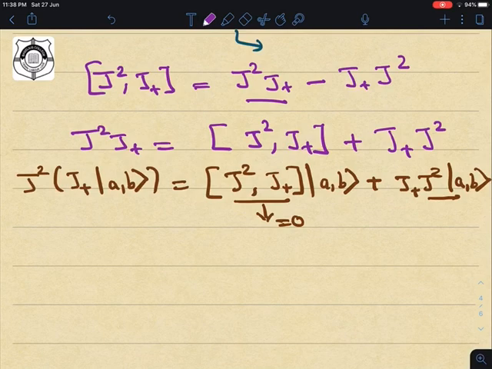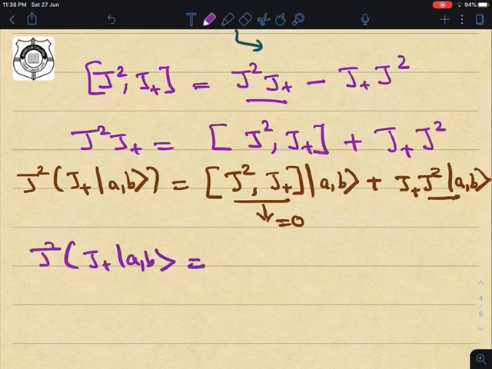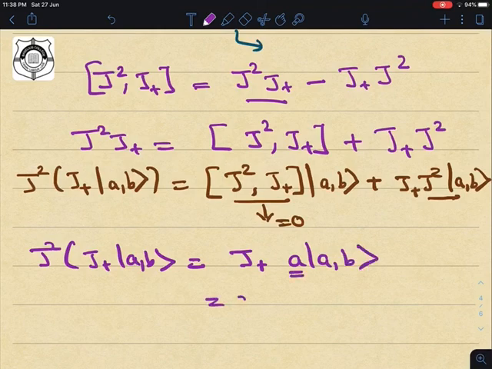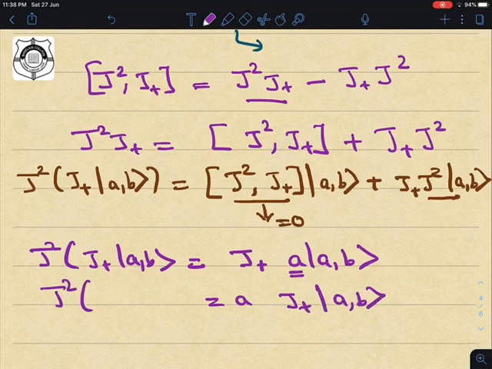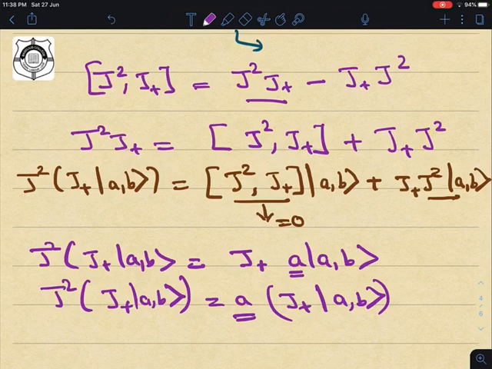So this relation we can write as J square on J plus ket ab is equal to J plus times a times ket ab. So this is an eigenvalue equation: it is equal to a times J plus ket ab. So the eigenket of J square is J plus ket ab with an eigenvalue a, which is unaltered.